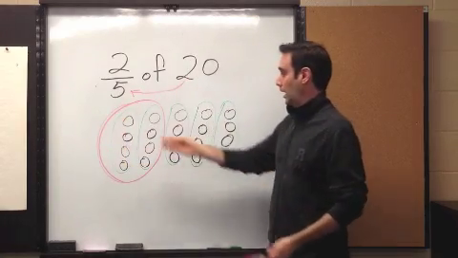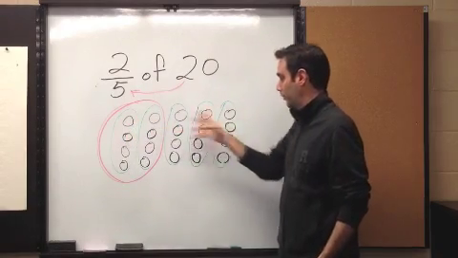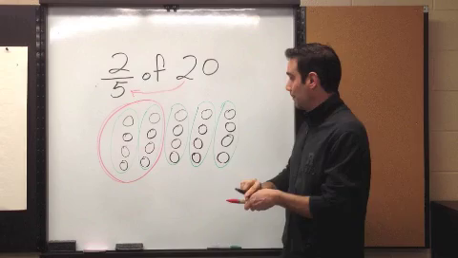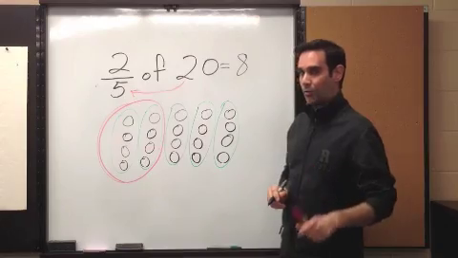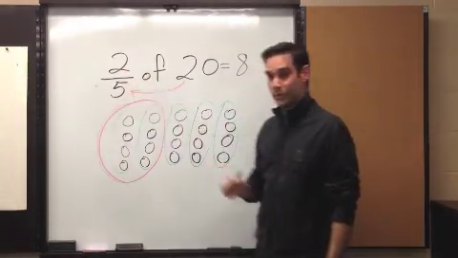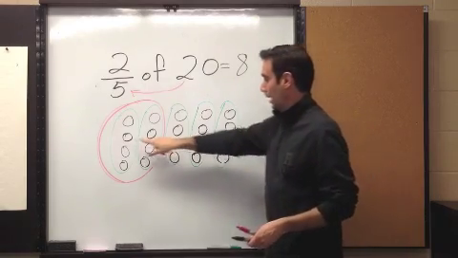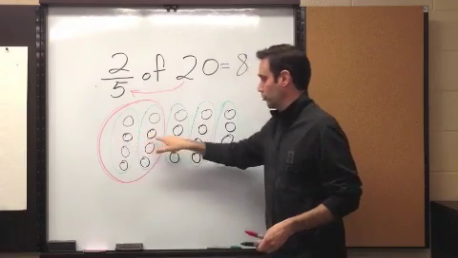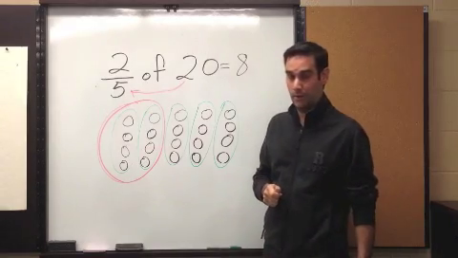So I have 1, 2, 3, 4, 5, 6, 7, 8. 2 groups out of the 5 would be 8. So I'm allowed 8 cookies. Now, if I was allowed 3/5 of 20, how many cookies would I have? Well, I just count the third group. 1 group, 2 groups, 3 groups of 8, 9, 10, 11, 12 cookies now.